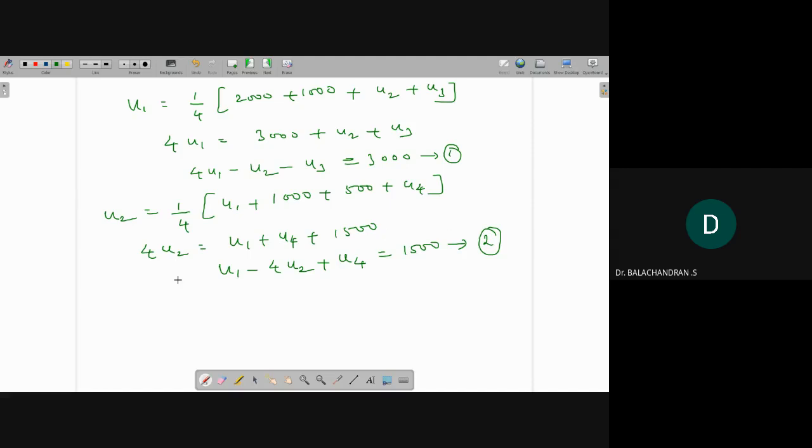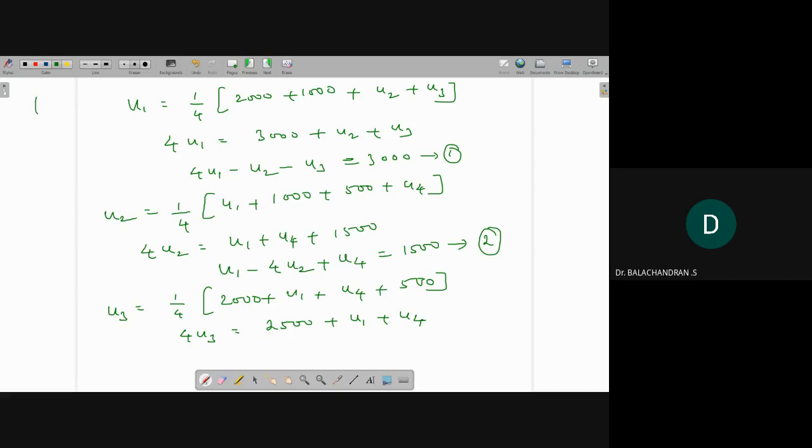Now similarly u3 is 1 by 4 into 2000 plus u1 plus u4 plus 500. So 4u3 equal to 2500 plus u1 plus u4.